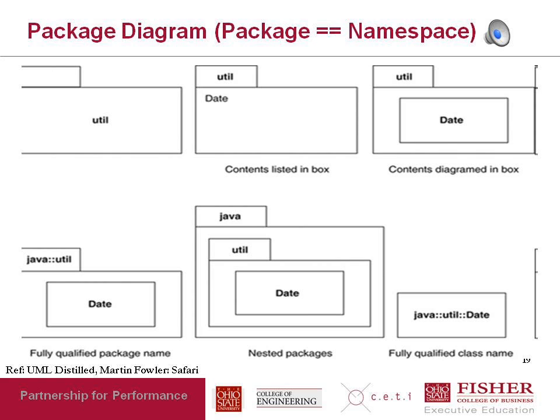So packages are just ways to collect other artifacts, use cases, class diagrams, code, etc., into components that sort of meet a single purpose. And then a package diagram shows the relationships between these different packages.